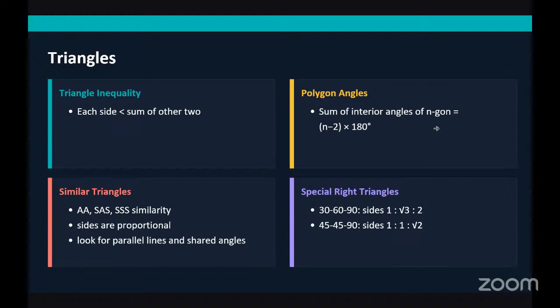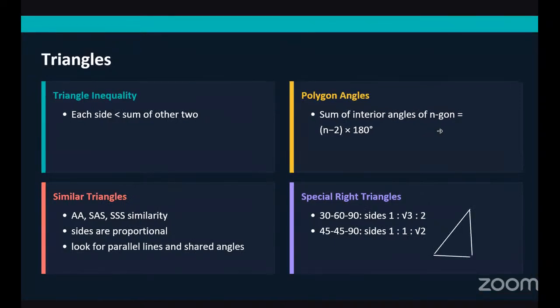And then special right triangles are 30-60-90 and 45-45-90. These are to do with their angles, and then we get proportions for their sides. So think about it like this. If we get a triangle here, and that's our 90 degrees, we can put x next to them.